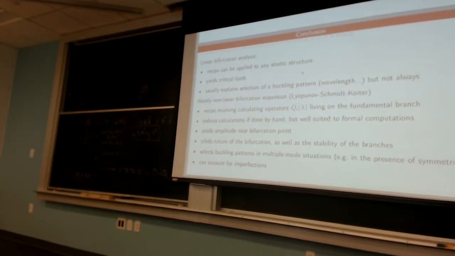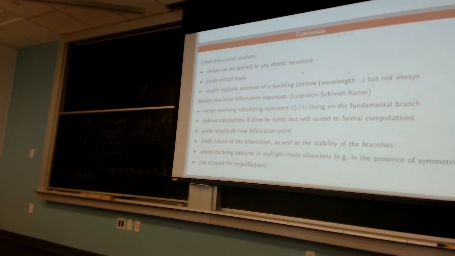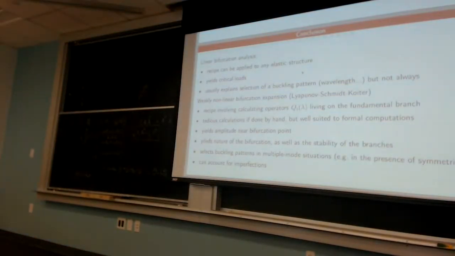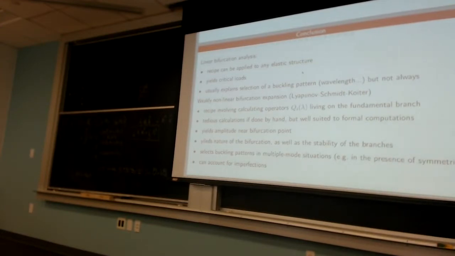And you can learn about the nature of the bifurcation and also on the stability of the branches, except that was not covered in my presentation. And there's also this case where you have multiple modes, and you can decide, like we did for the elastica, for the Rayleigh instability, what's the best combination of modes that will actually lower the energy by essentially pushing the energy further. And another important aspect of this is that we can also account for imperfections, and that's going to be the topic of my following talk.